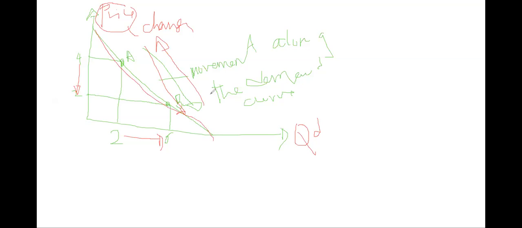This concept is important for you to understand because what we will be looking at next is shift in demand. Movement along the demand curve is to move on the same demand curve from one point to another. It could be from A to B or B to A. And that movement from A to B or B to A is solely caused by what?